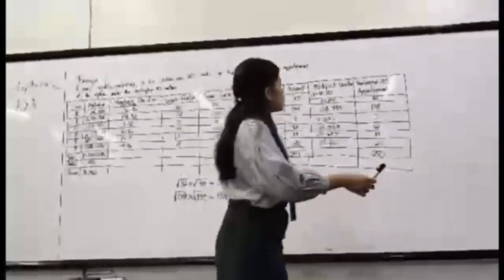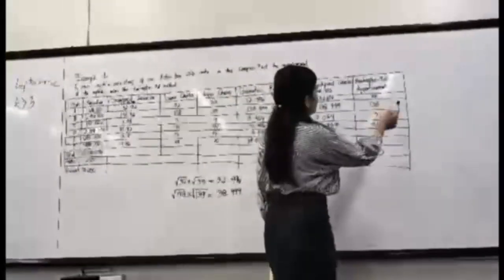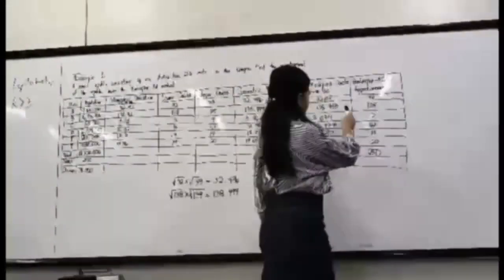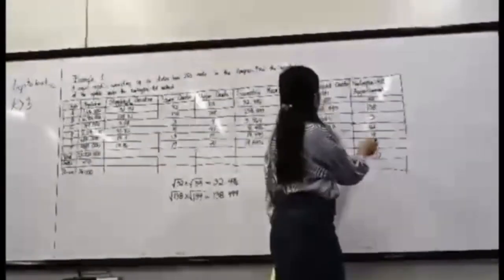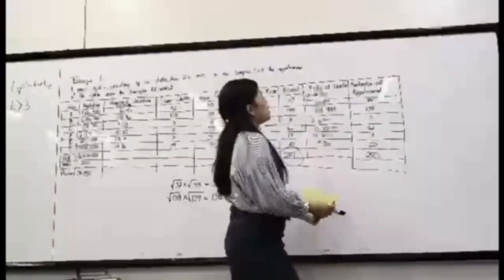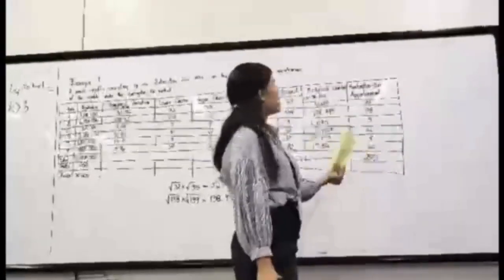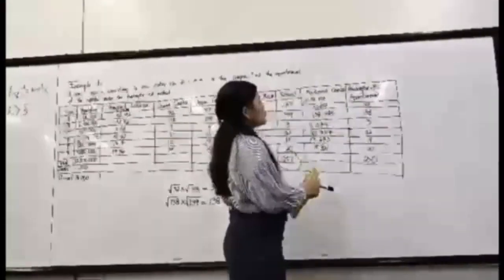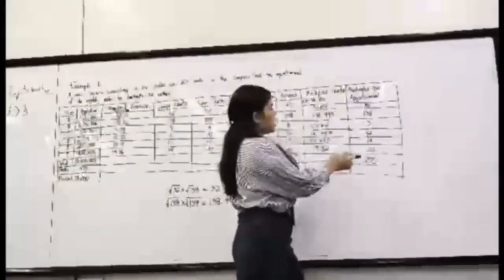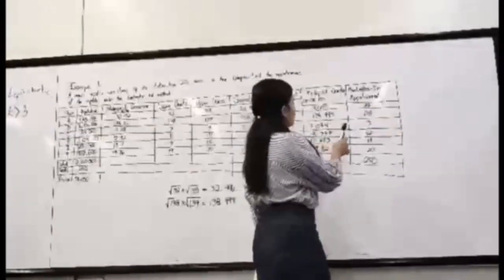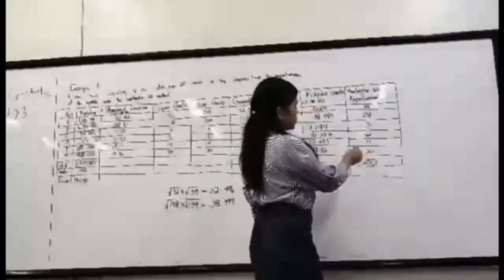So we should find the apportionment. We should round off then 32.854. So it would be 33, and 138.443 would be 138, and 3.07 would be 3, and so on.